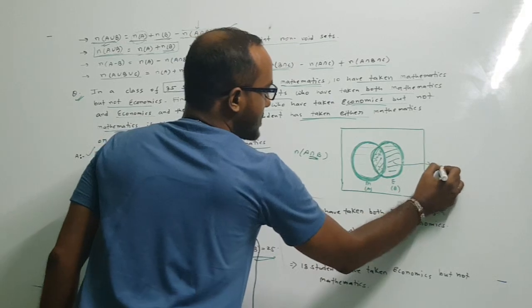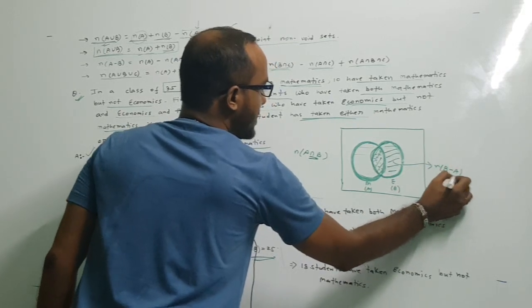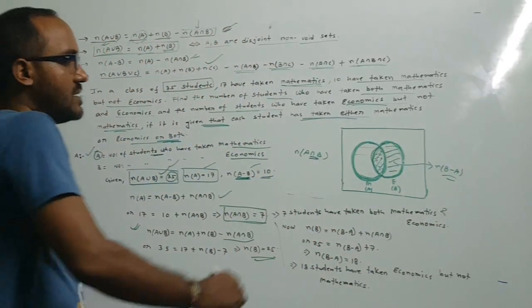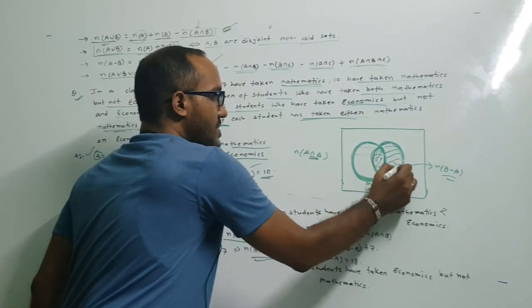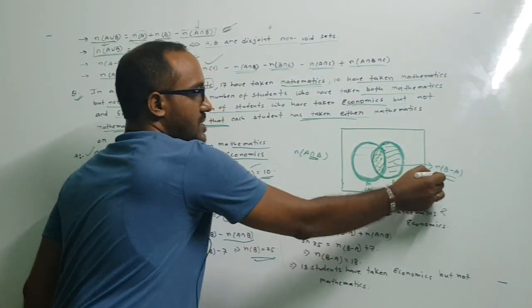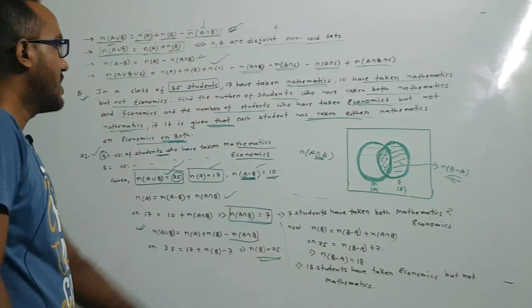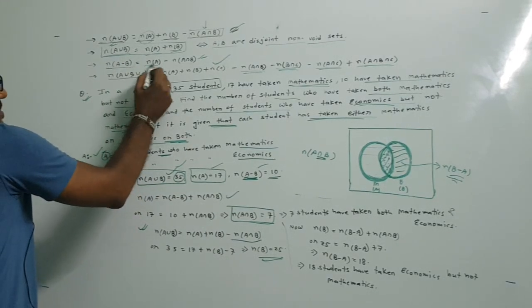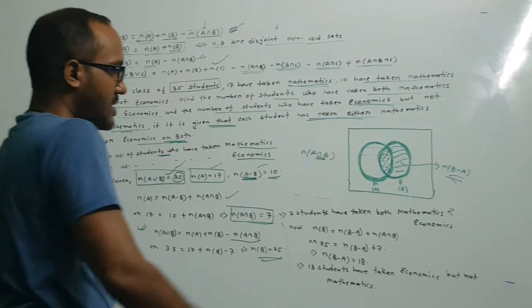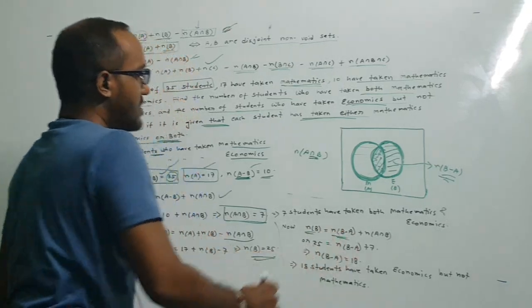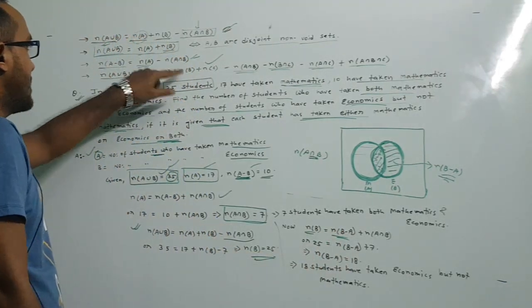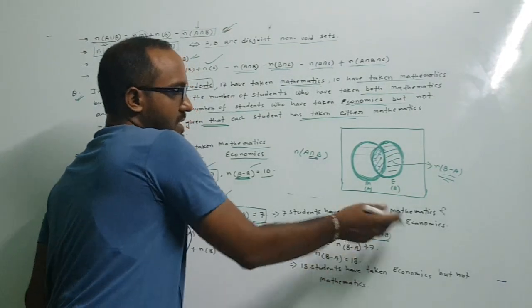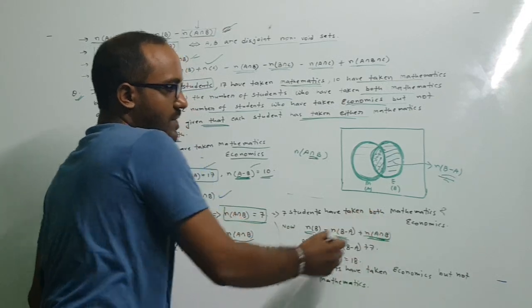That means this part is n of B minus A. We know this is the region where only economics is there but not mathematics. So n of B minus A we have to find. Now again we will use this formula, n of B minus A equals n of B minus n of A intersection B. So n of B can be written as n of B minus A plus n of A intersection B. N of B intersection A or n of A intersection B is the same term.